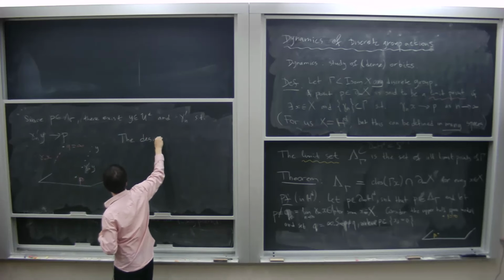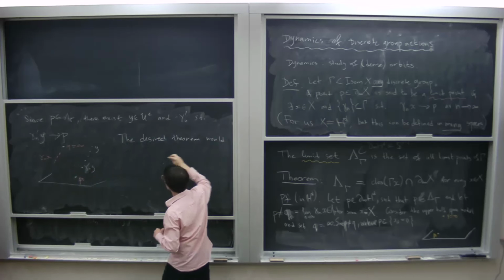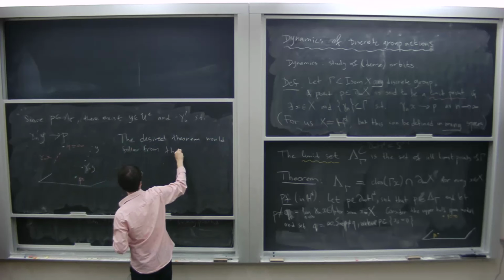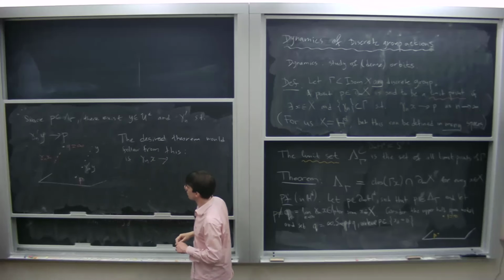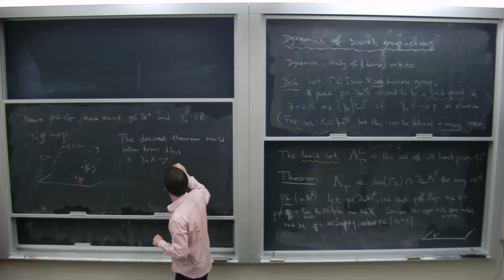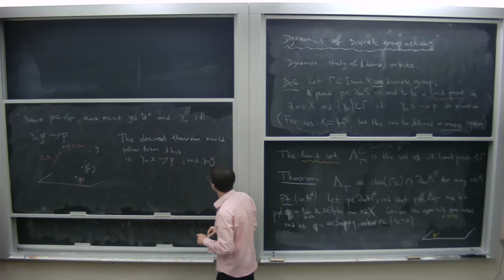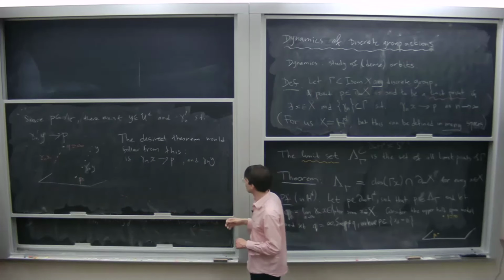So the desired theorem would follow from this: if gamma_n X converges to P and gamma_n Y, then gamma_n Y also should converge to P, right?